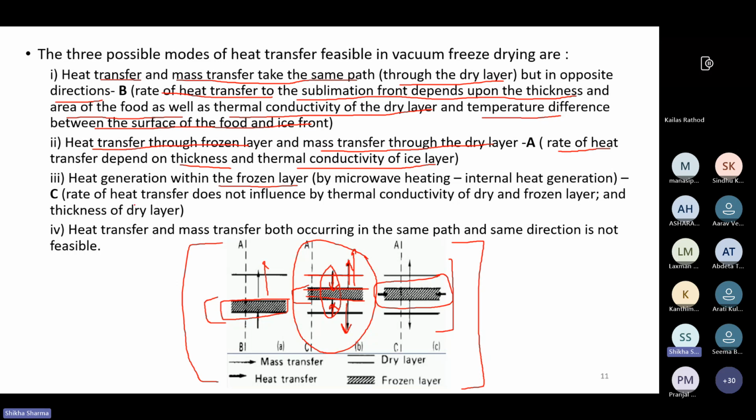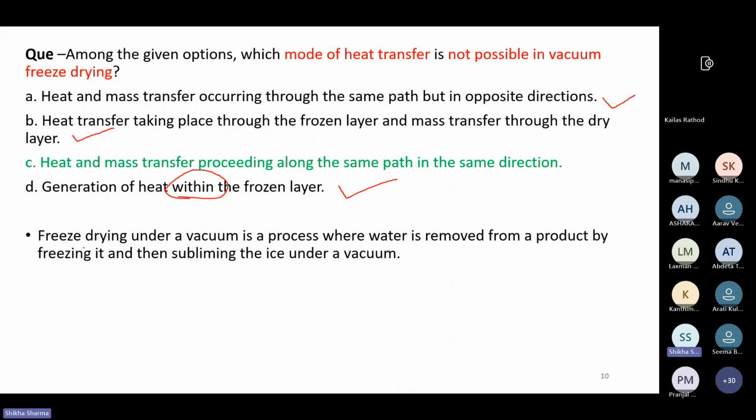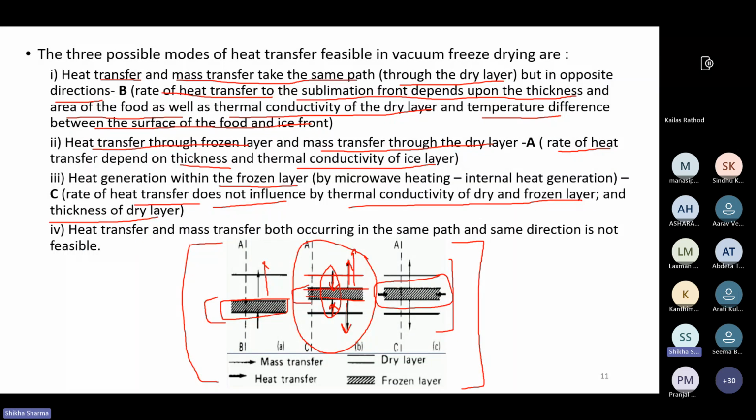And in this process, the rate of heat transfer is not influenced by the thermal conductivity of the dry and the frozen layer and also the thickness of the dry layer. And option C is wrong because heat and mass transfer both occurring in the same path and same direction is not feasible.